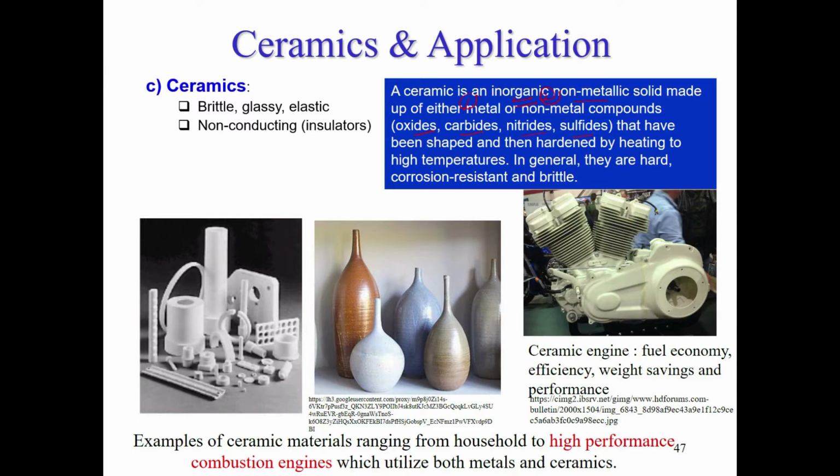It can be shaped into certain shapes and then hardened by heating to high temperature to retain the shape in order to make a product. It is a strong material, highly resistant to corrosion. However, the issue with ceramics is that it is brittle. It is hard, highly corrosion resistant but brittle.